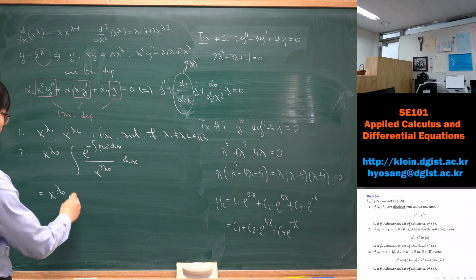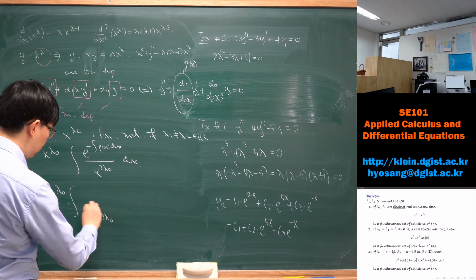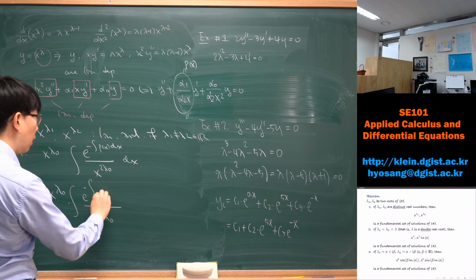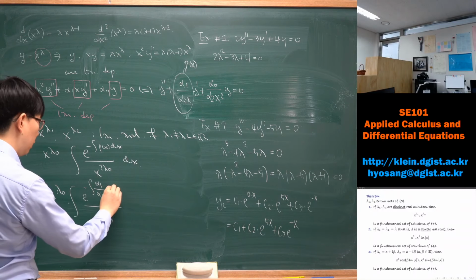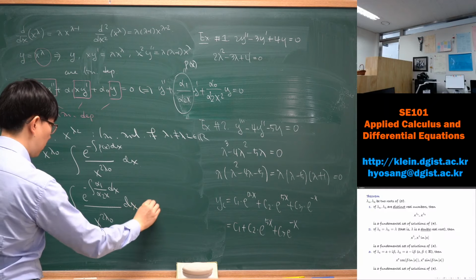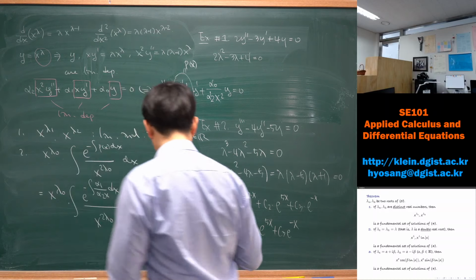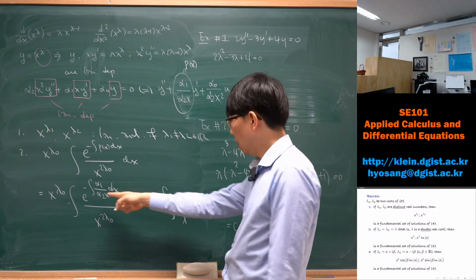So if I plug in that one, we have x to the lambda 0 times the integral of e to the minus integral of alpha 1 over alpha 2 x dx, and dx. And keep computing.